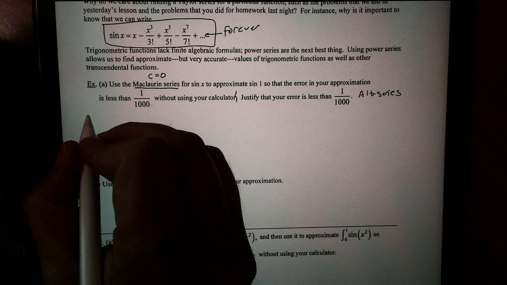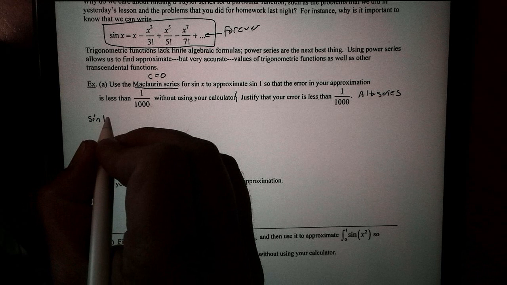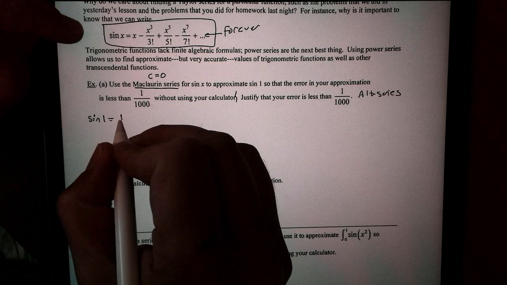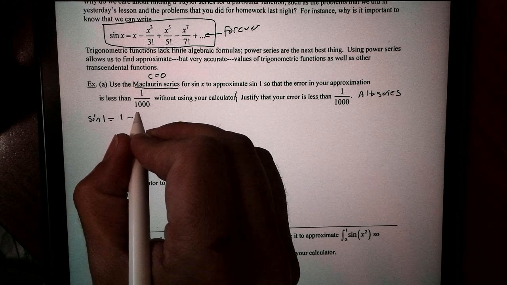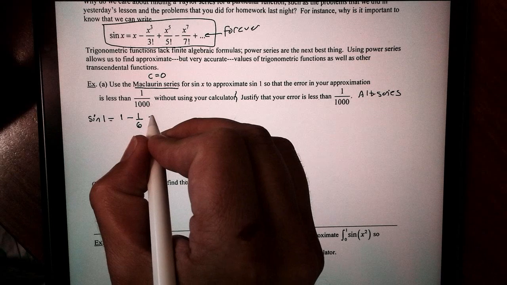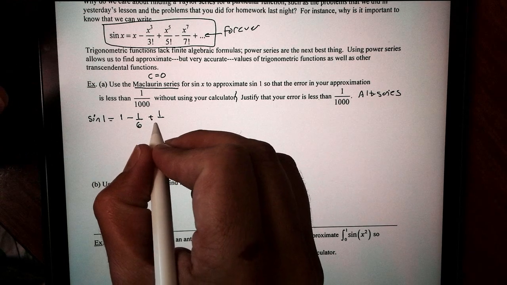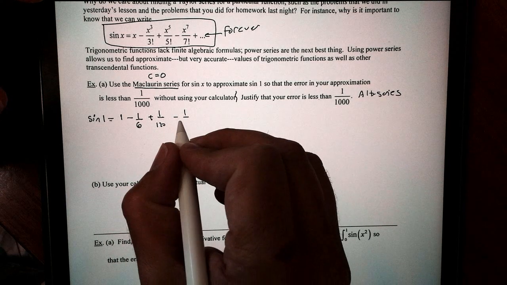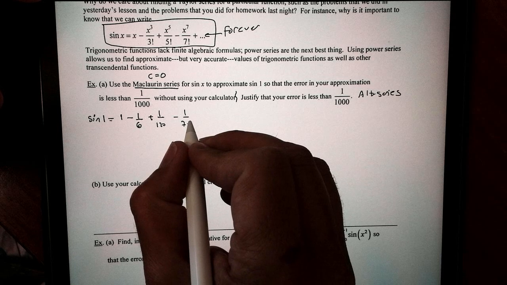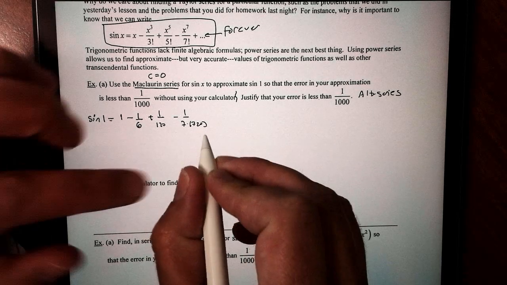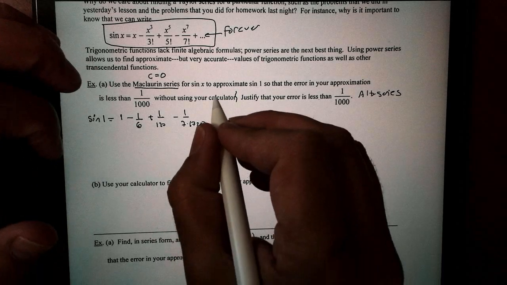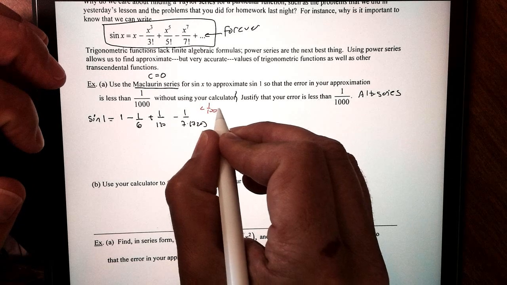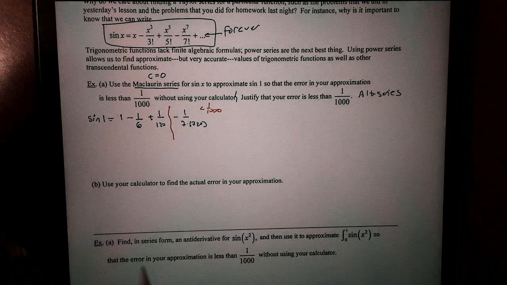So sine of 1 equals, and I'm going to use my series, 1 minus, well, 1 cubed is just 1, over 6, plus 1 over, well, 5 factorial is 120, minus 1 over 7 factorial, which is 7 times 6 factorial, which is 5,040. And I already know that this part is already less than 1 over 1,000. So I can stop there.